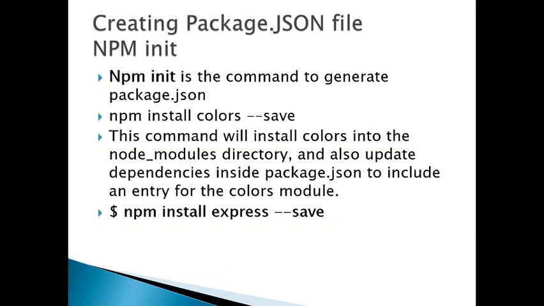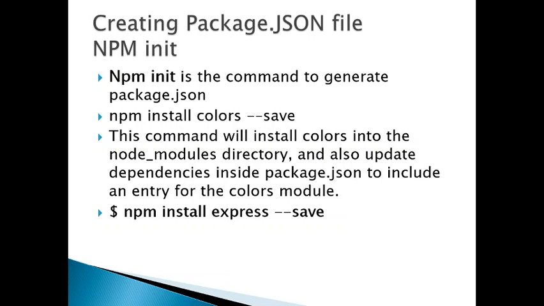In the previous versions, from about 4 months before, you had to specify whether you wanted to write this package as a dependency or not. For that you had to write npm install colors --save.